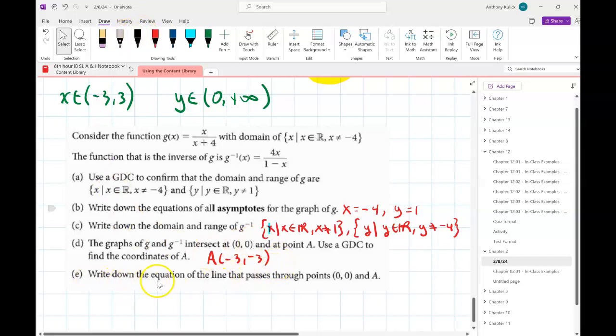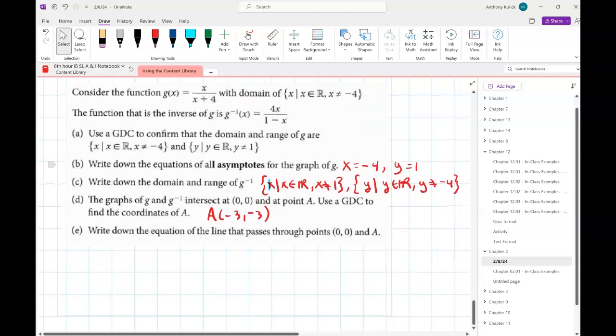And then it says write down the equation of the line that passes through the point 0, 0 and A. Well, what do we need here? I need a slope, right? So y2 minus y1.